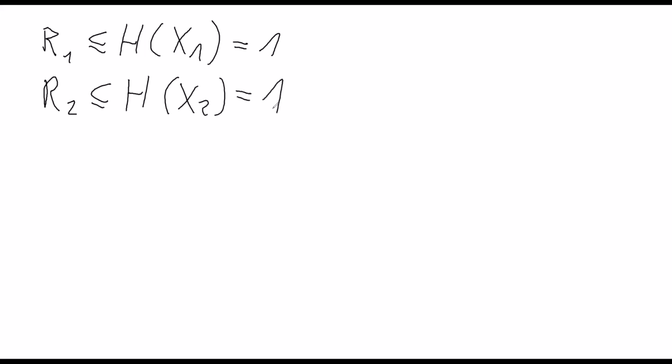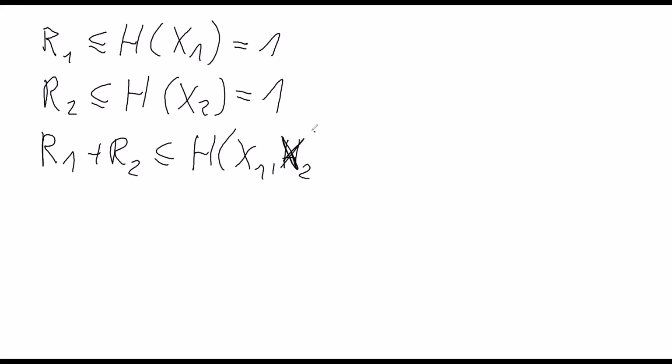With the same argument, we also get 1. And the sum R1 plus R2 is bounded by H of x1 and x2, and this is equivalent for this channel to H of x1 plus x2.